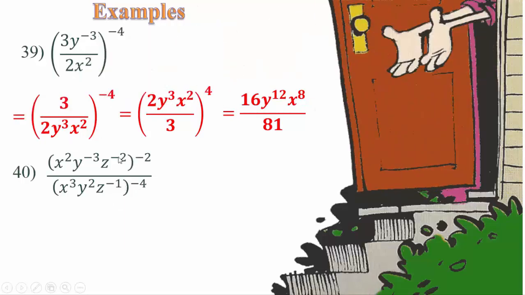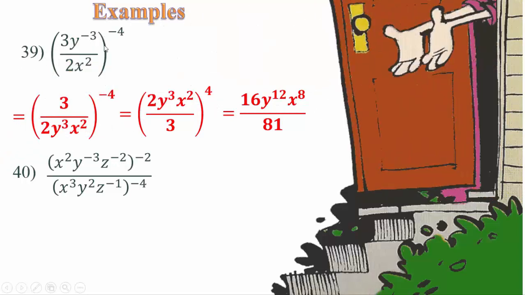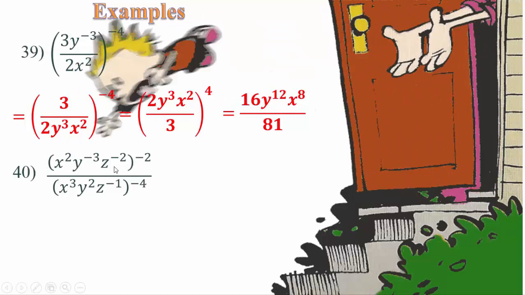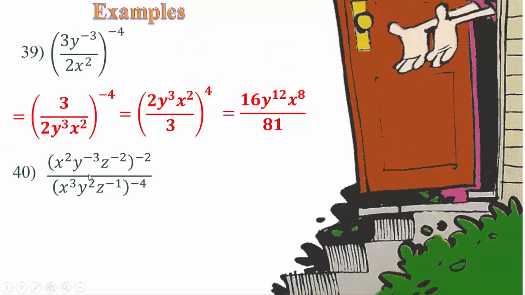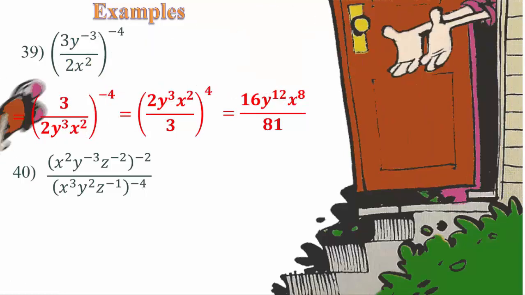So you have to look at it a little bit differently than we did here, where this bracket covers everything, and this bracket only covers the top to the negative 2 power, and this bracket only covers the bottom to the negative 4 power. So let's look at how we deal with something like this on the whiteboard.